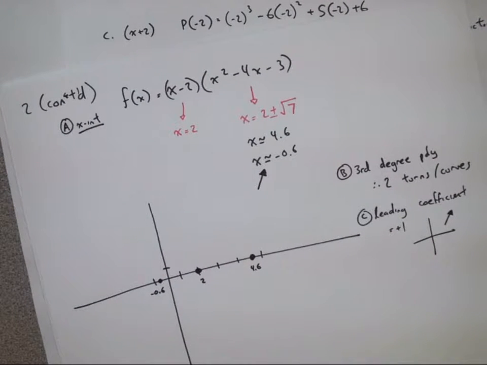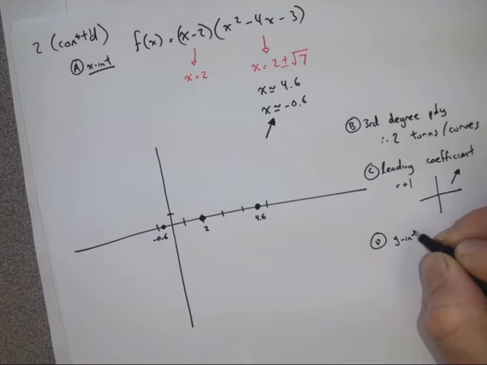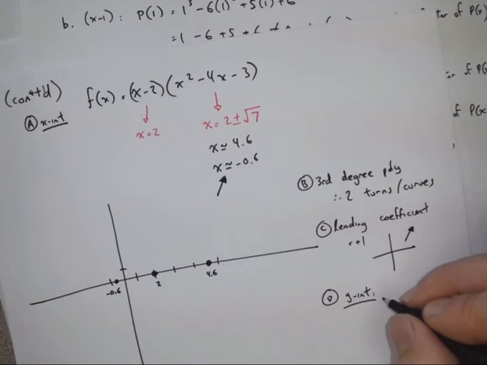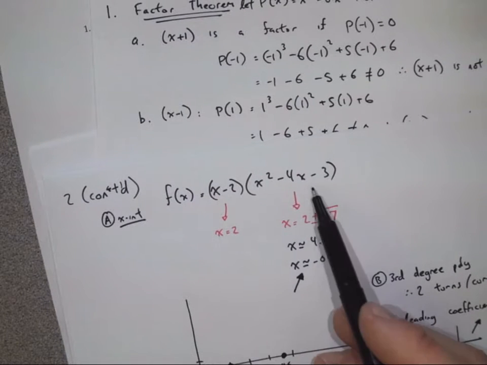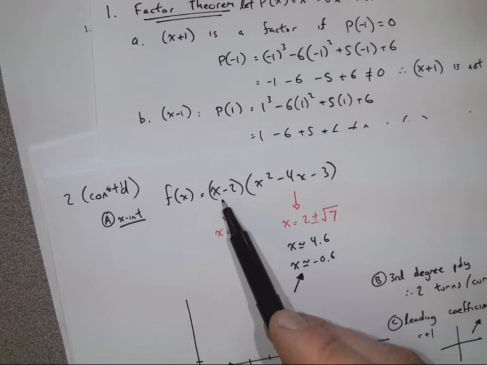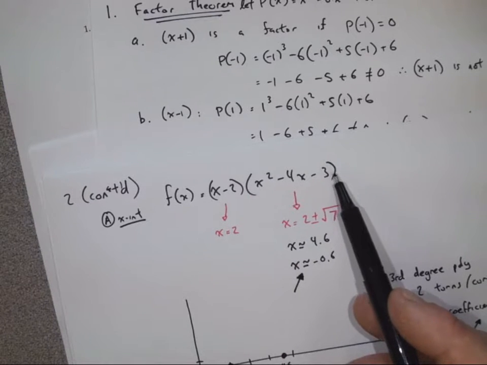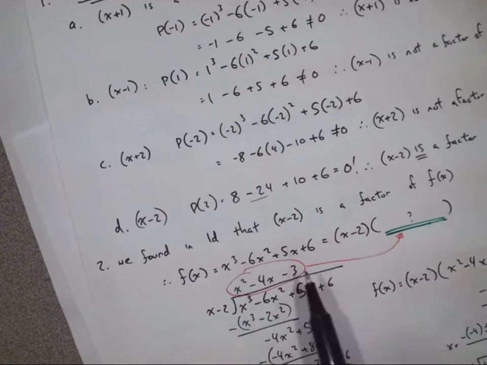Okay. And next I'm going to find my y-intercept. So my y-intercept is when x is 0. So f of 0, well, I could plug 0 into each of these factors. I get 0 here, 0 here, and 0 here, and end up with negative 2 times negative 3. However, it is always easier to look at our original expression.